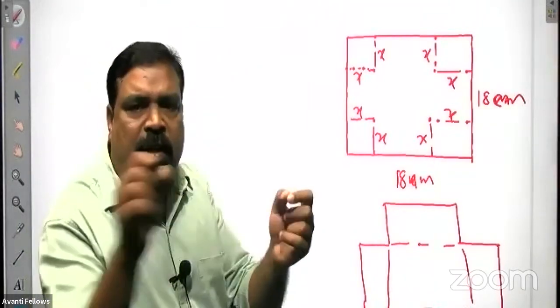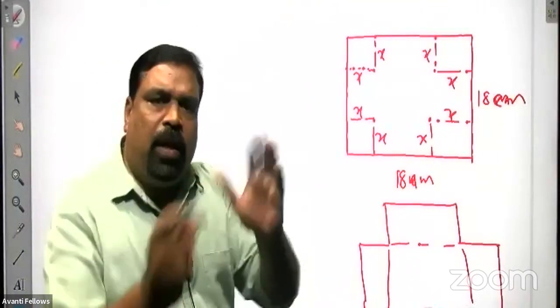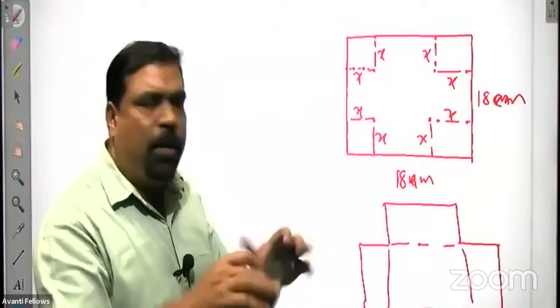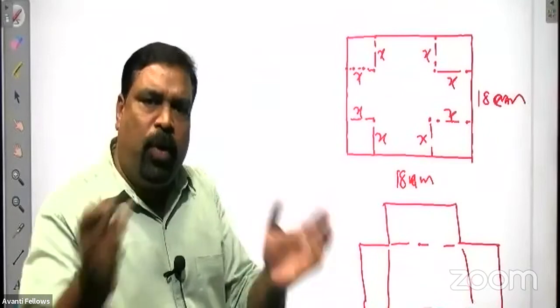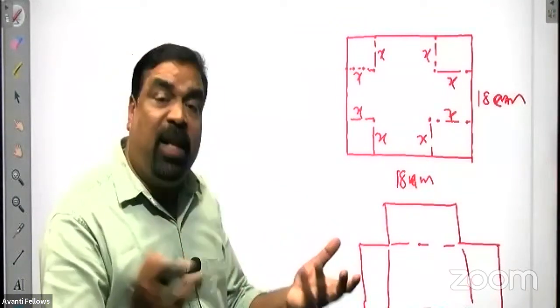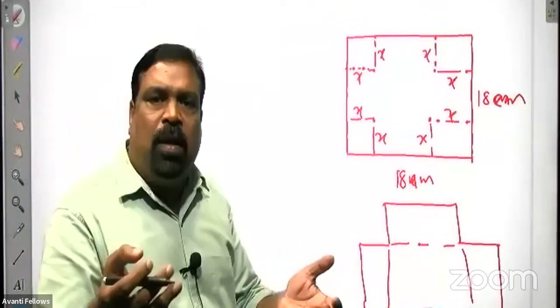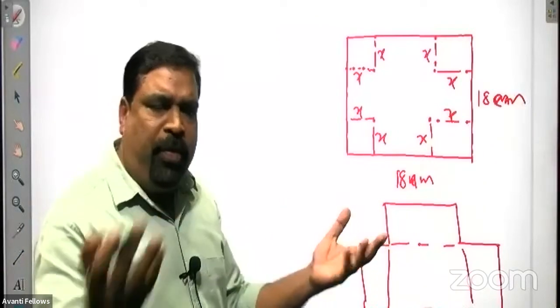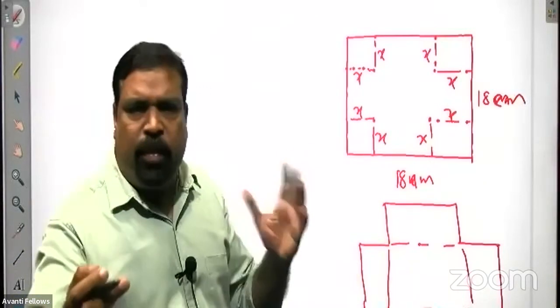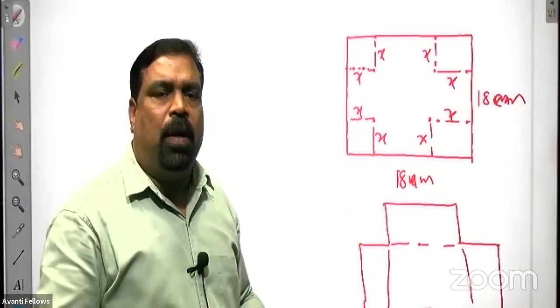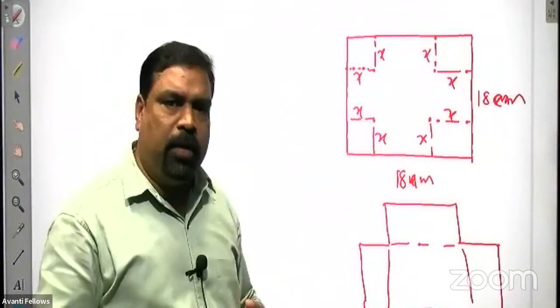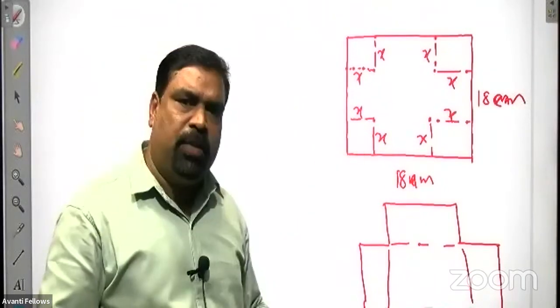Somebody may cut 1 centimeter from each corner and folding, they will get a box. Some people may cut 2 centimeter, and some people may cut 3 centimeter. Different size boxes you can make. So which will give the maximum volume? How can calculus be applied here? It's a very interesting question actually.